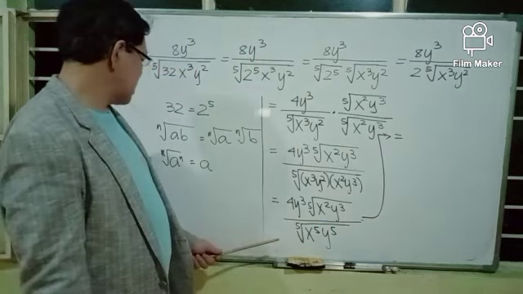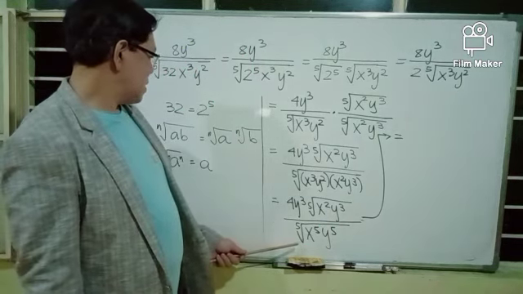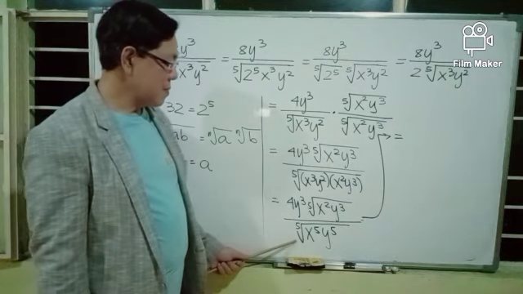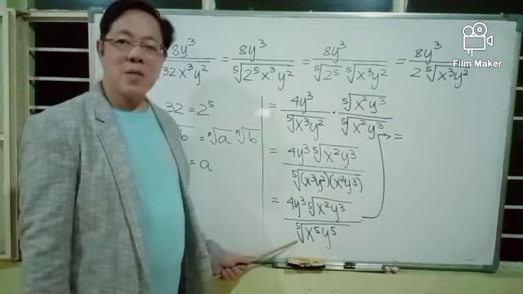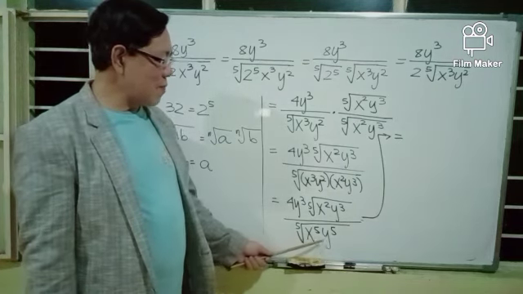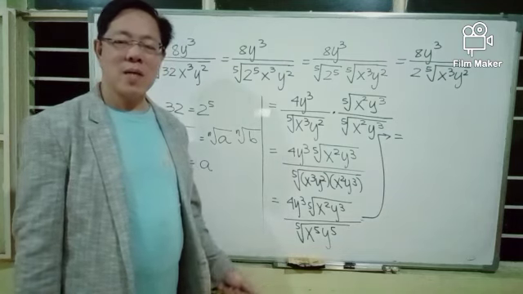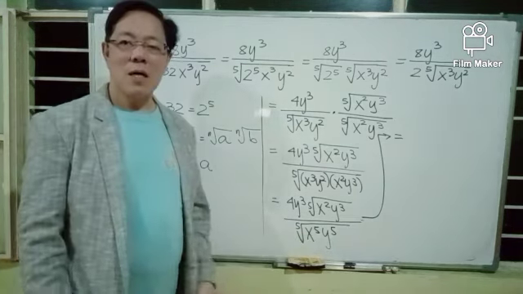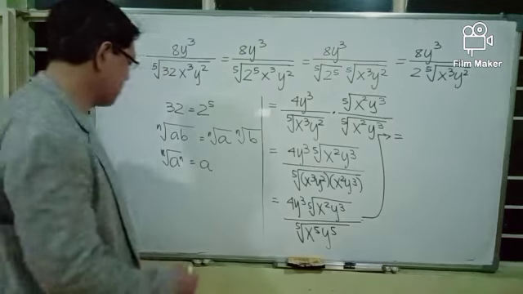By property of radical. By property of exponent first, the x raised to 5 multiplied by y raised to 5 can be written as the product xy raised to the common exponent 5.